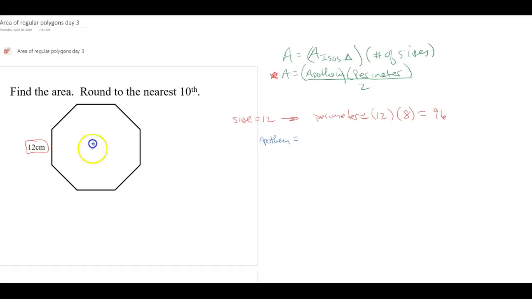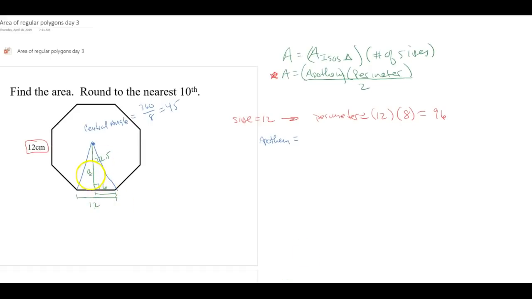To find the apothem, remember we're always going to find the center of the polygon, draw our radii in, and find the measure of the central angle: 360 divided by 8, which gives you 45. When I drop the apothem in, this is the apothem we're looking for, and this angle is 45 divided by 2, which is 22.5 degrees. If I'm looking for the apothem A, and I know this side is 12, I find this piece by taking 12 divided by 2, that's 6.